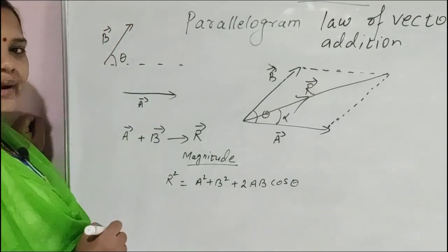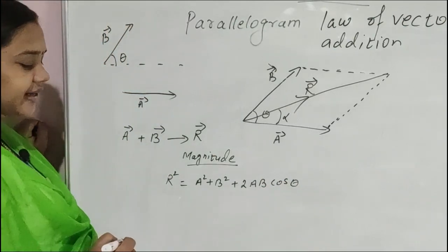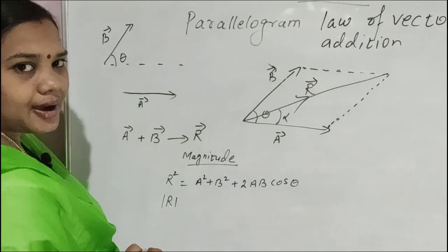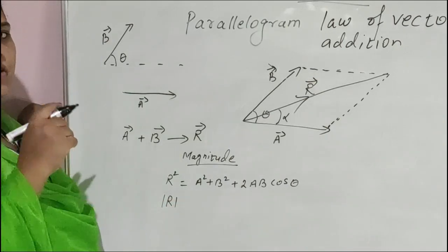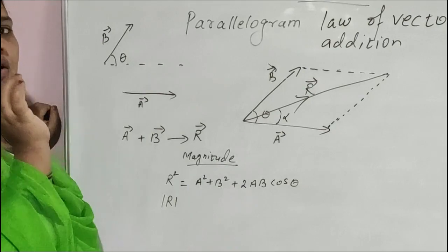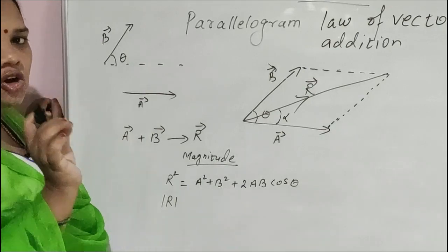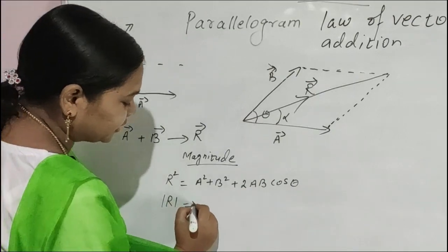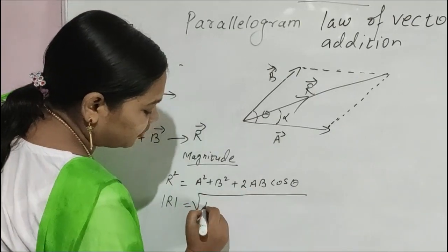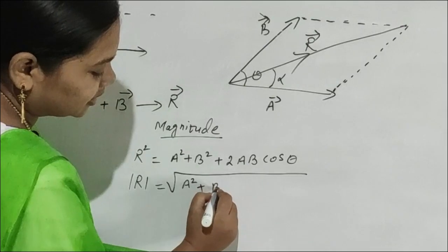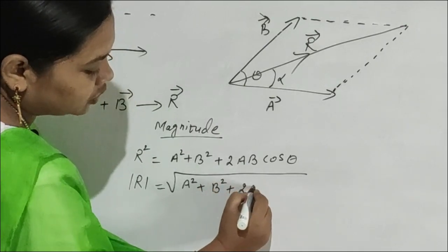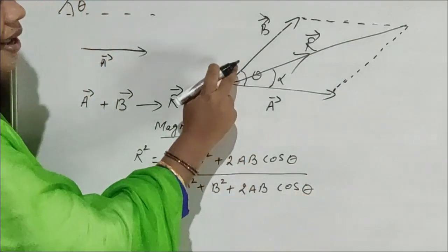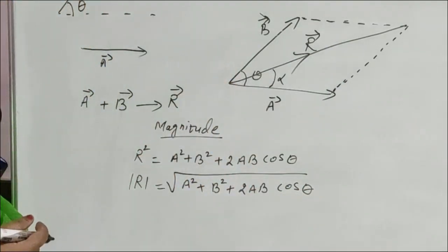This is the magnitude of the resultant vector. We take the magnitude, mod R. Remember, the magnitude of a vector is always positive. So it is the square root of A square plus B square plus 2AB cos theta. Theta is the angle between the vectors.